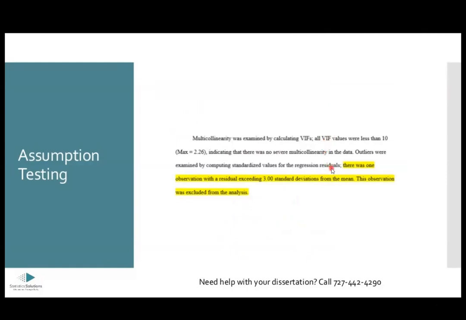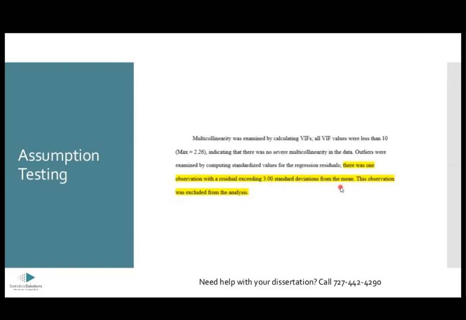And through their analysis, they found that there was one observation, one outlier that was exceeding kind of a normal standard deviation from the mean for this particular study. So this researcher chose to exclude this one outlier from the analysis, and that was what they needed to do in order to ensure that their data met those assumptions.